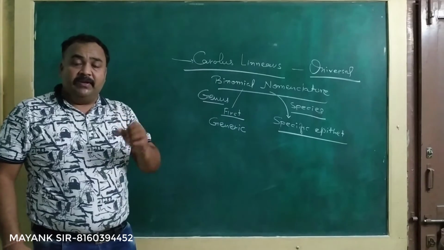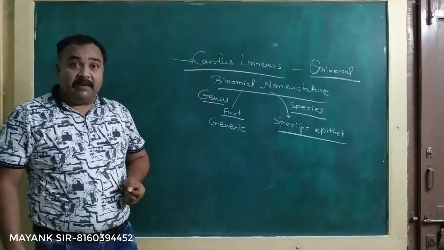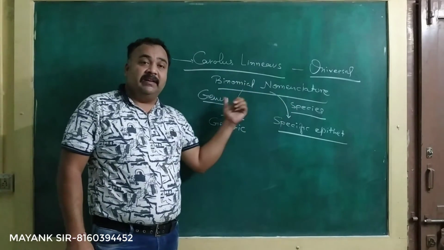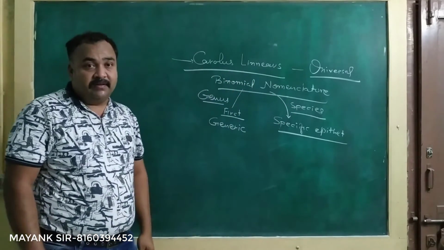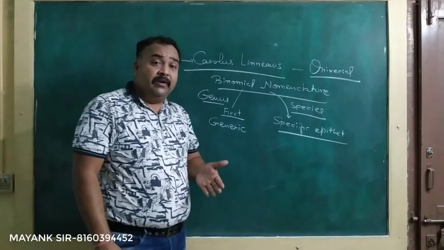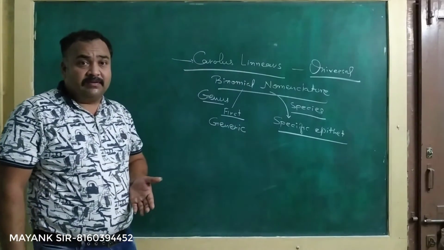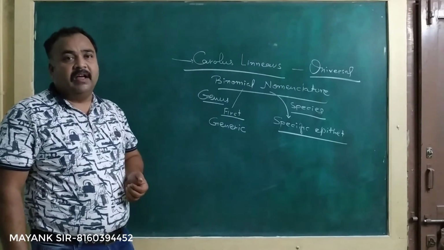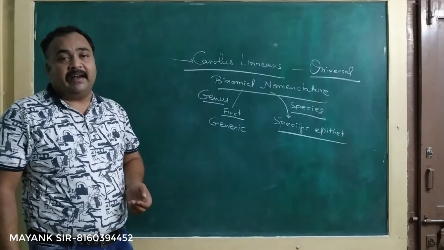So the name will be universal, the name will be unanimous, the name will be binomial, having two names, generic and specific epithet. Some of the rules are there on how to give names to living organisms, and those are known as rules of nomenclature, and that we will study in our next lecture.